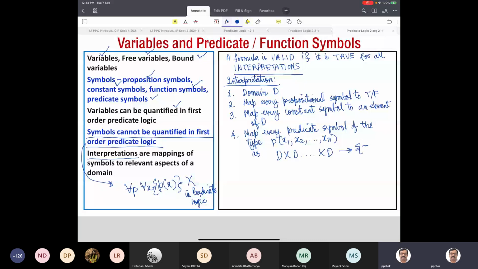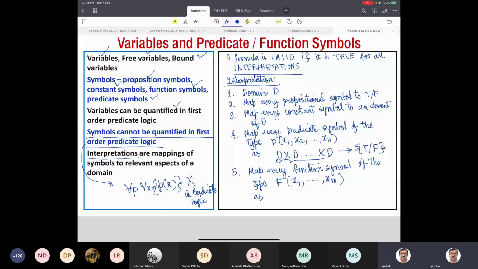And finally, map every function symbol of the type f(x1, ..., xm).